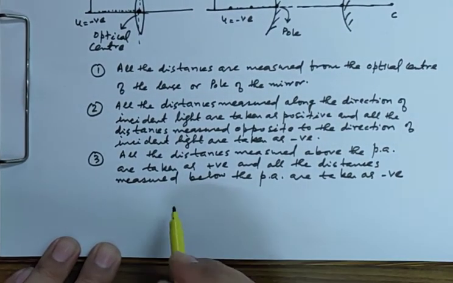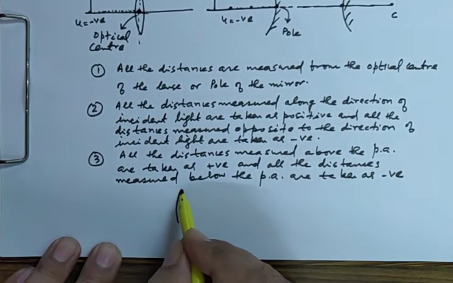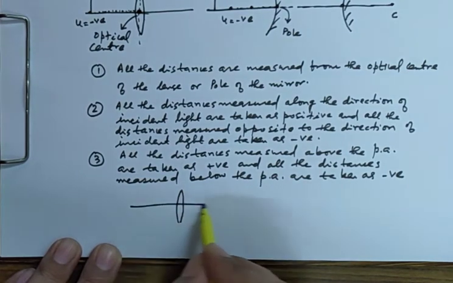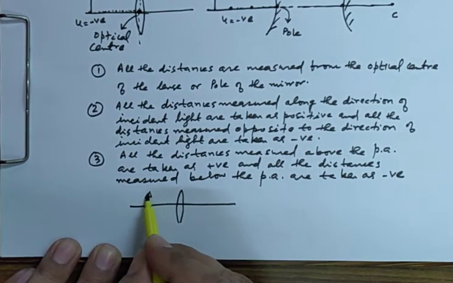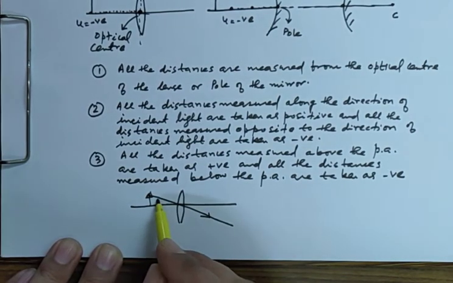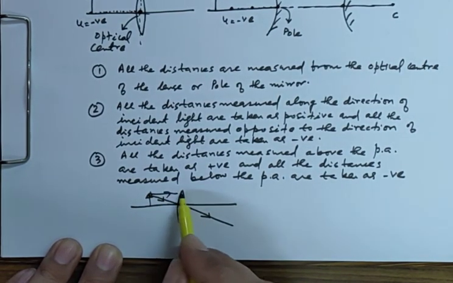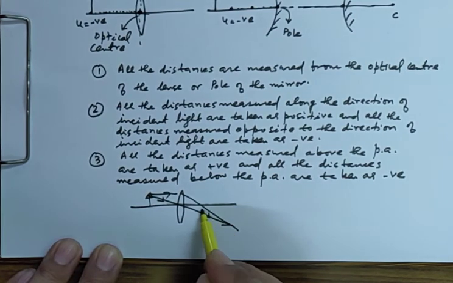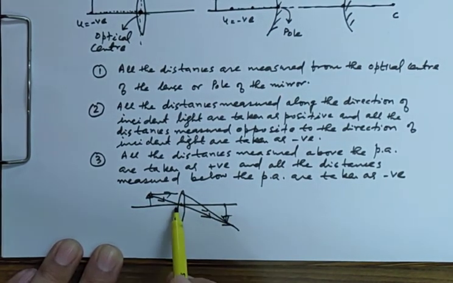Now, say this is the convex lens, and if I form a real image, the image is formed here. So this is the optical center.